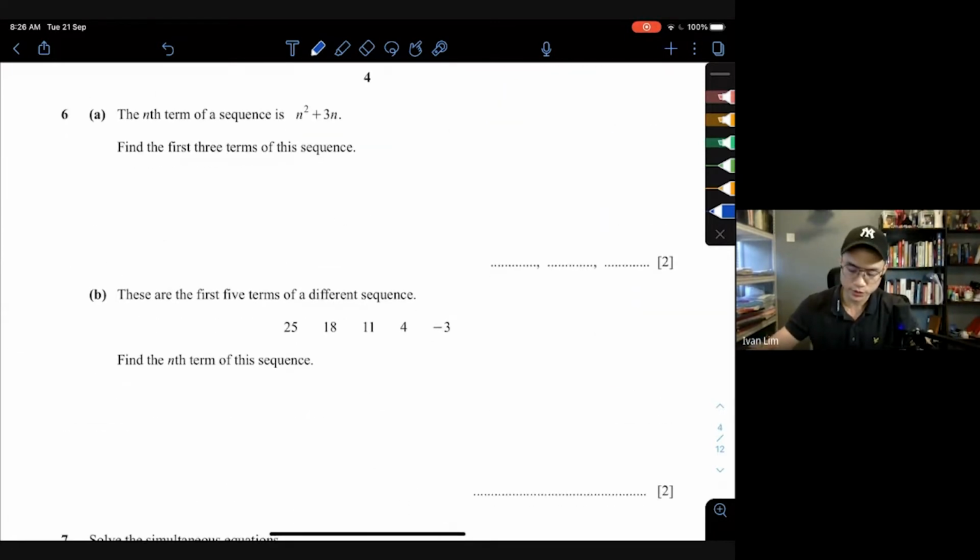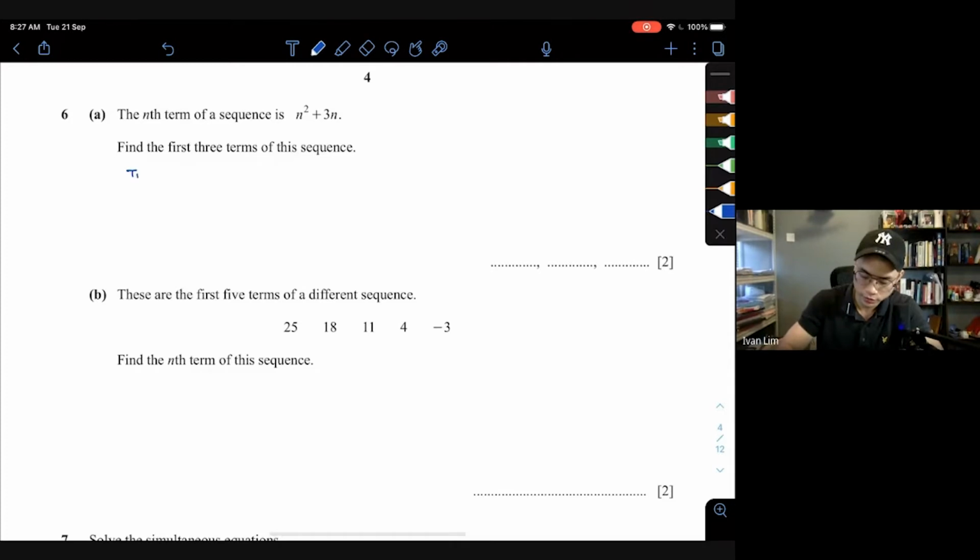Question 6. The nth term of a sequence is n squared plus 3n. Find the first 3 terms of this sequence. The sequence follows this pattern, this equation, n squared plus 3n. To find the first 3 terms, all you need to do is substitute your n value, just put 1, 2, and 3.